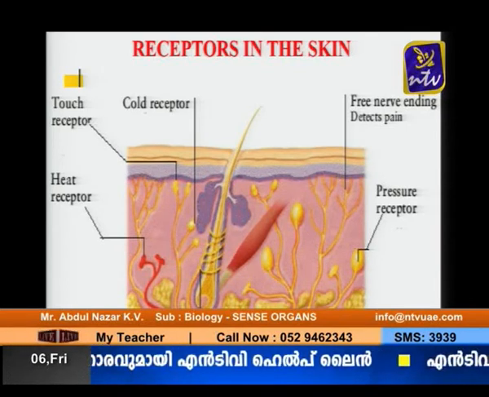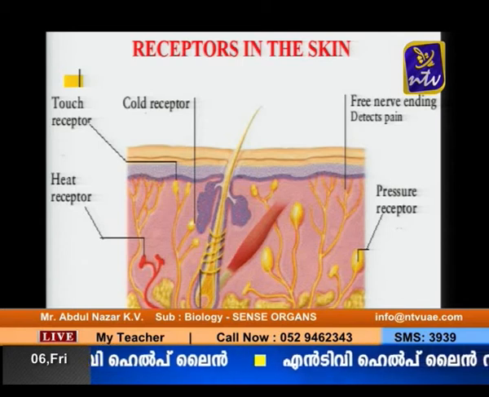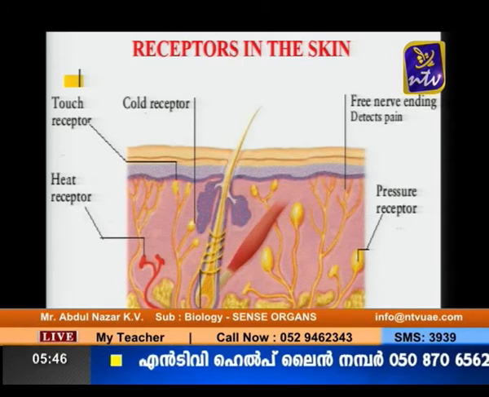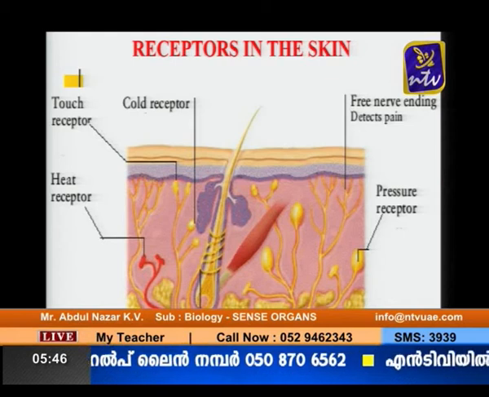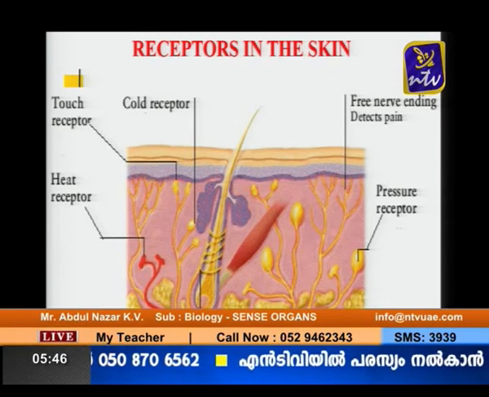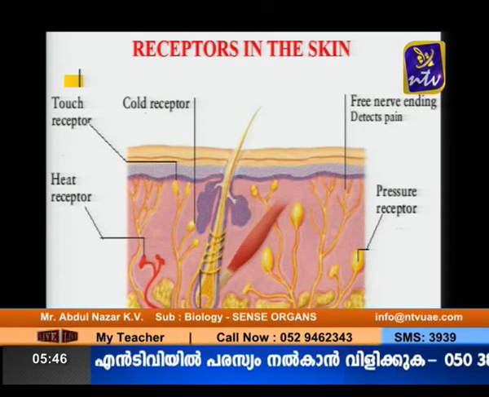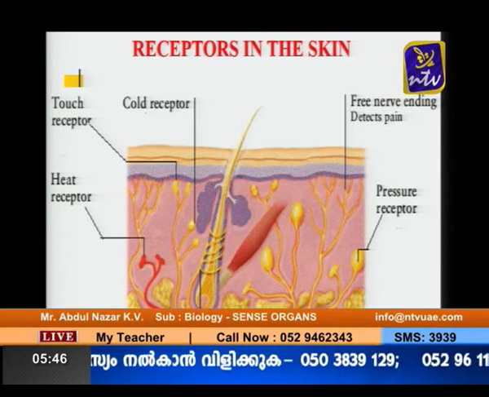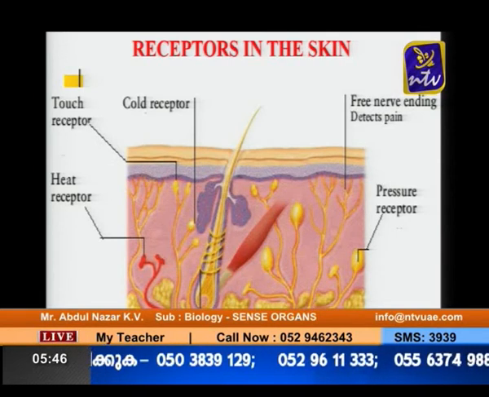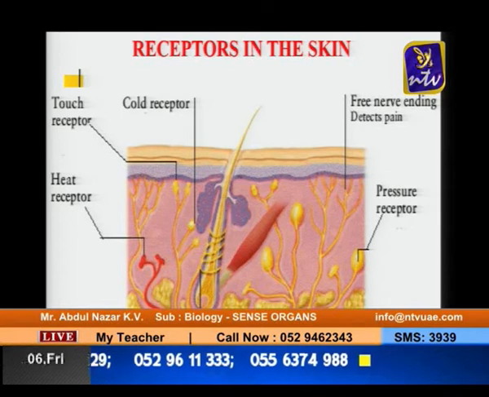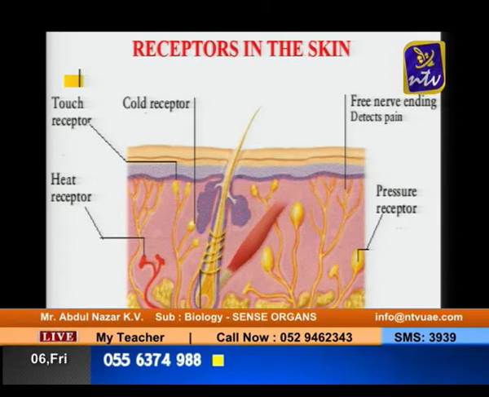Fourth one, heat receptor. And fifth one, pain. So skin is a sense organ. Skin is the largest sense organ since skin covers the entire body surface, and skin can register 5 senses. They are touch, cold, pressure, heat, and pain.